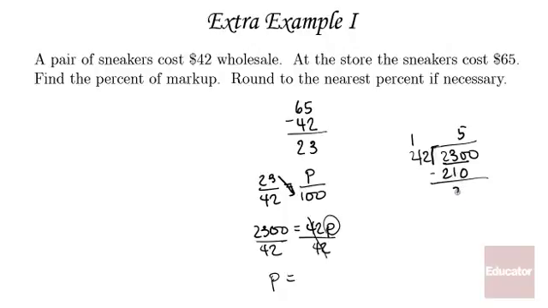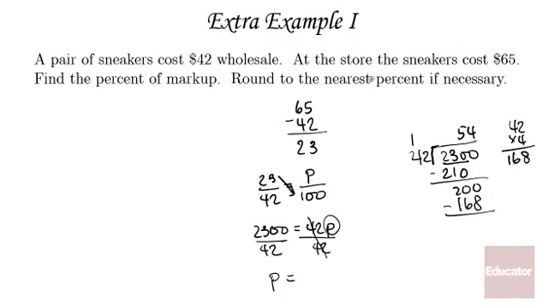Leaving us with 200. And let's try about, 5 will be too big, so we could say 4. 42 times 4, 8, and 16.